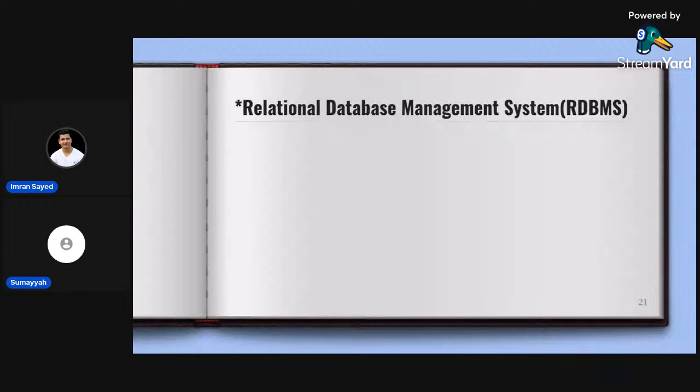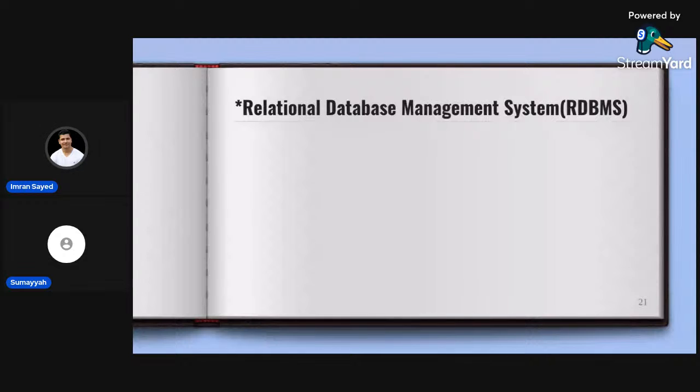Okay. Give me examples of some of the RDBMS databases. MySQL, IBM DB2, Microsoft SQL Server. That's all I can remember. Yes.